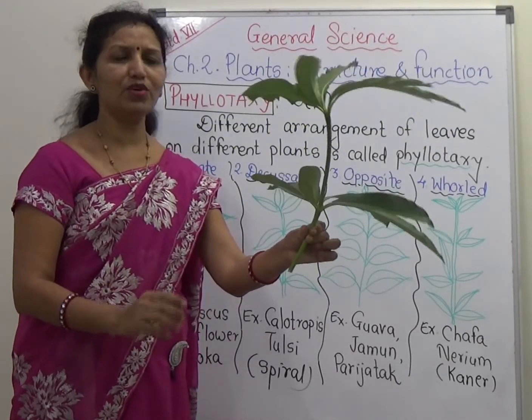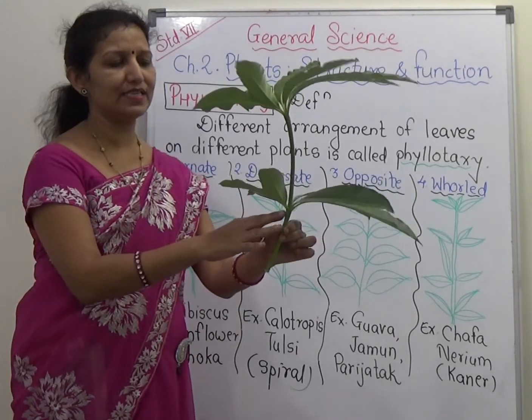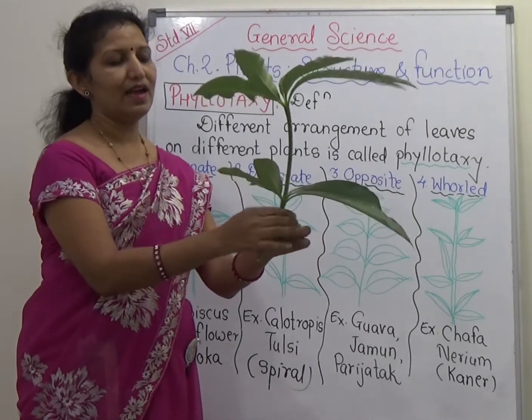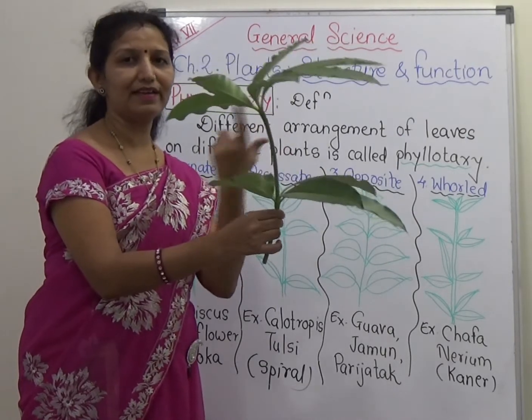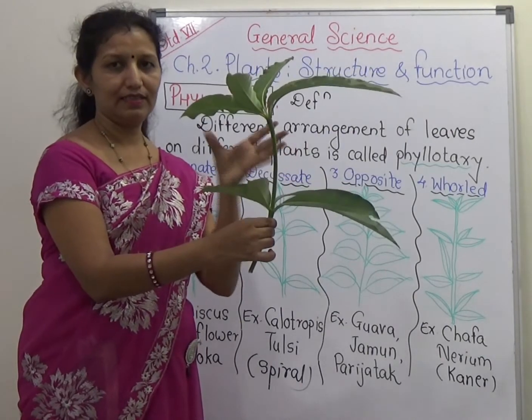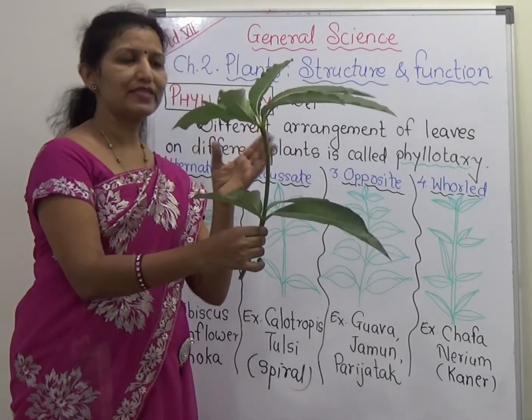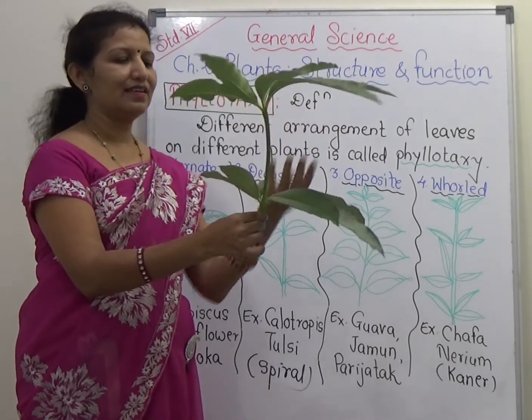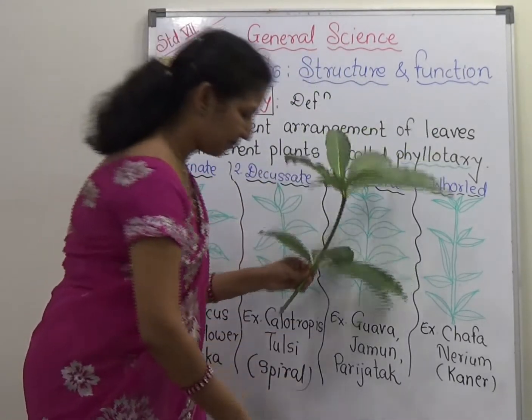These more than 3 leaves are arranged here, and they are arranged spirally on the single node, and that's why it is called whorled. There is a bunch of leaves, that's why it is called whorled, and they are arranged here at the same node.